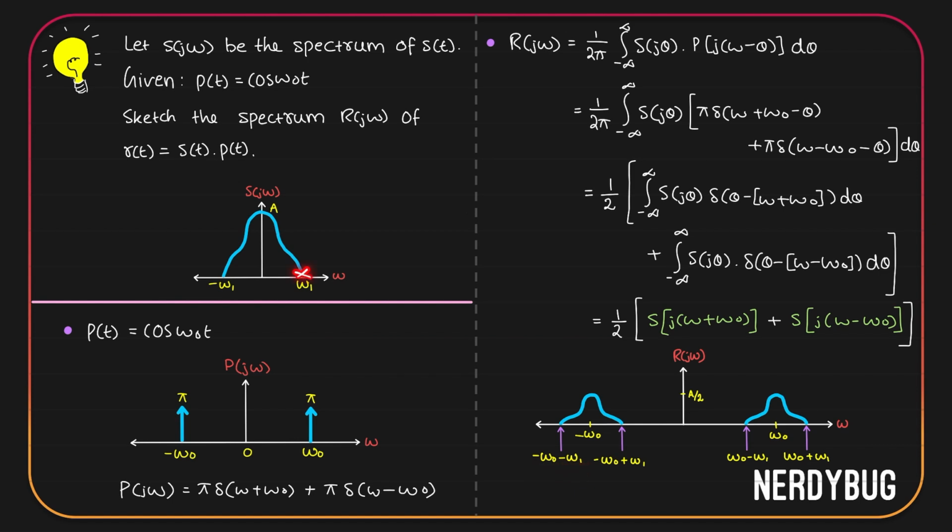The rightmost point which was at omega 1 is now at omega 1 minus omega naught. Similarly, when it was shifted omega naught units towards the right, the leftmost point which was at minus omega 1 is now at minus omega 1 plus omega naught. And the rightmost point which was at omega 1 is now at omega 1 plus omega naught.